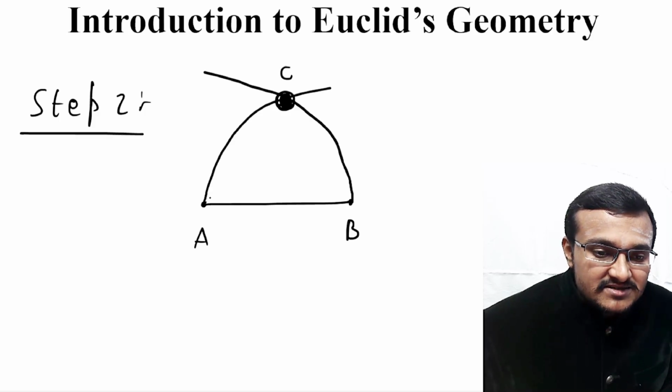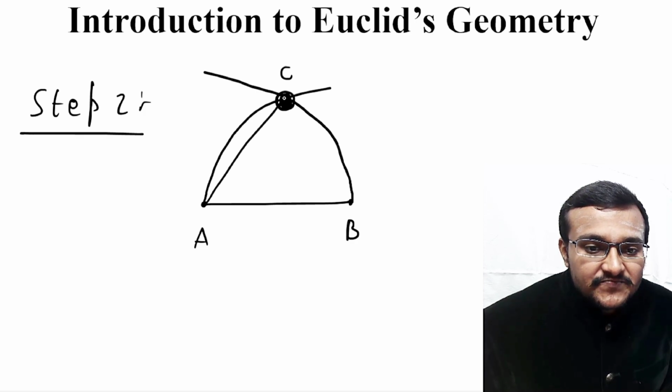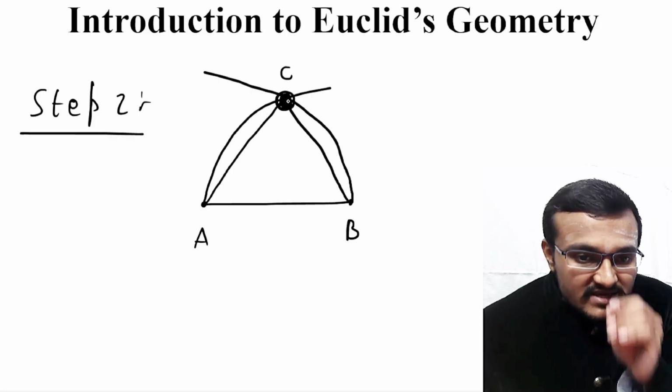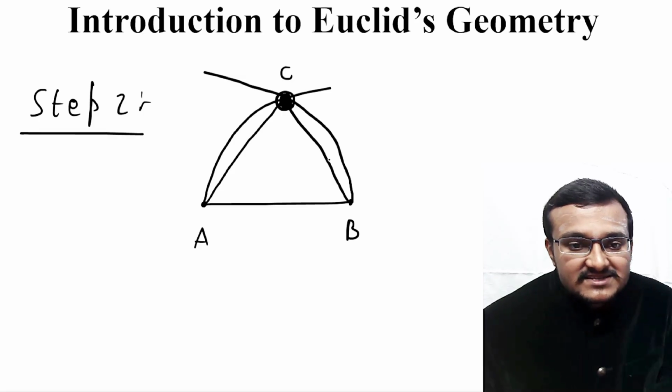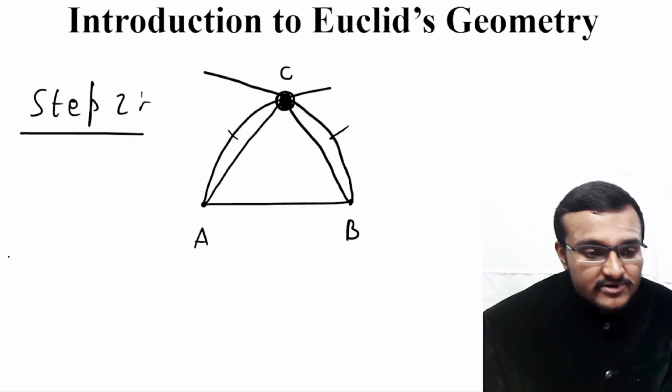Now you can connect this particular A and C, and you can connect B and C. After connecting this, you can erase the curved lines which you have drawn.